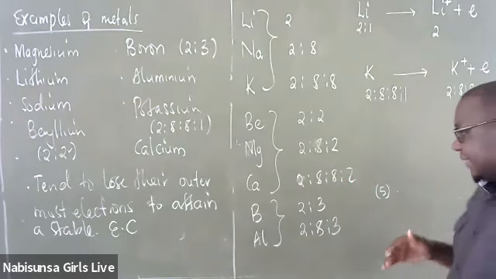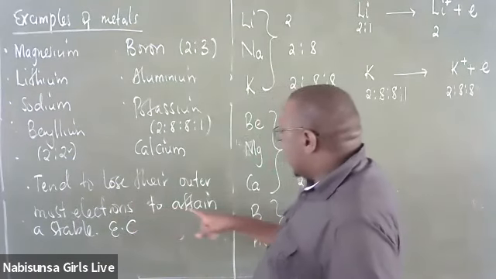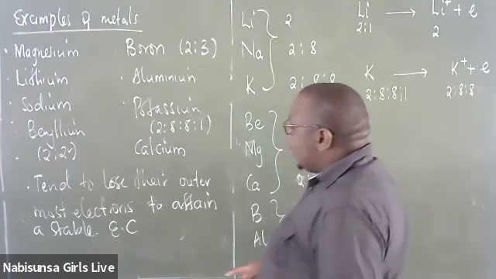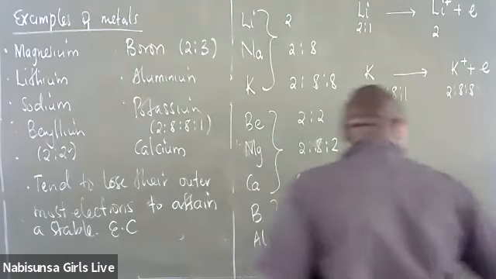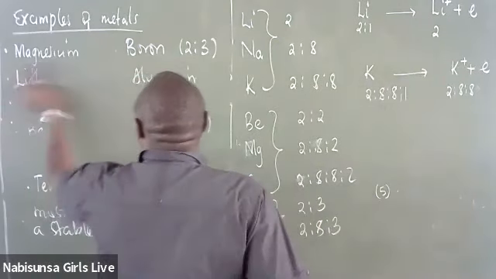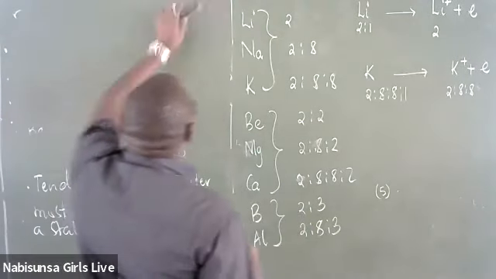So now what happens here? Metals, we have said, tend to lose their outermost electrons to attain a stable electron configuration and also form what? They form positively charged ions, which are called what?